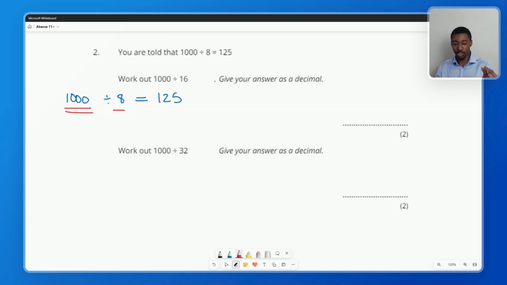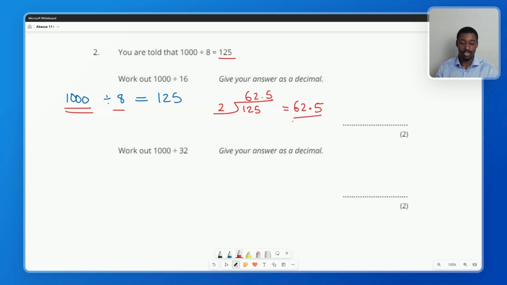So using that logic and understanding, if 1000 divided by 8 is 125, then 1000 divided by 16 should be half of 125. So we take 125, we divide it by 2, we have 6, and then we have 2.5. So 62.5.